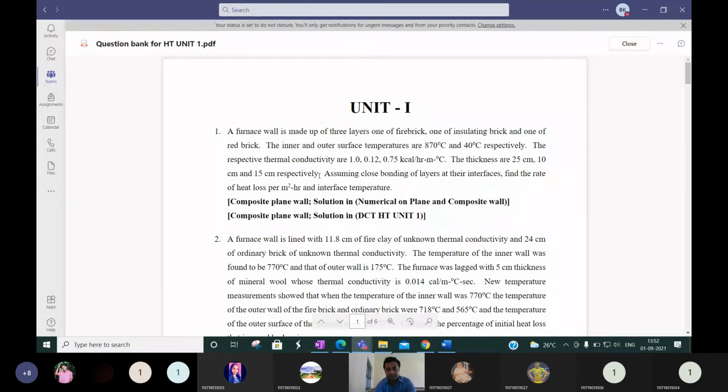Where is the solution present? It is mentioned. So for the first problem, the solution is present in numericals on plane and composite wall. And the second is the solution in DCT-HT unit 1. These two in brackets are given now.